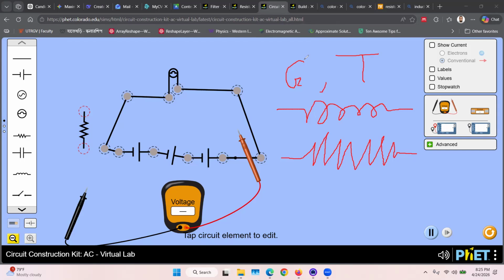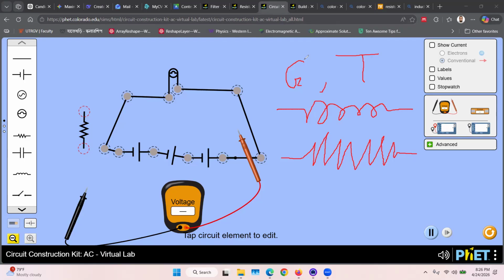Tesla is also a scientist, but we use his name because he designed the AC current. AC current needs to come from the generator. We generate the AC current from the generator, and the generator works with the magnetic field.